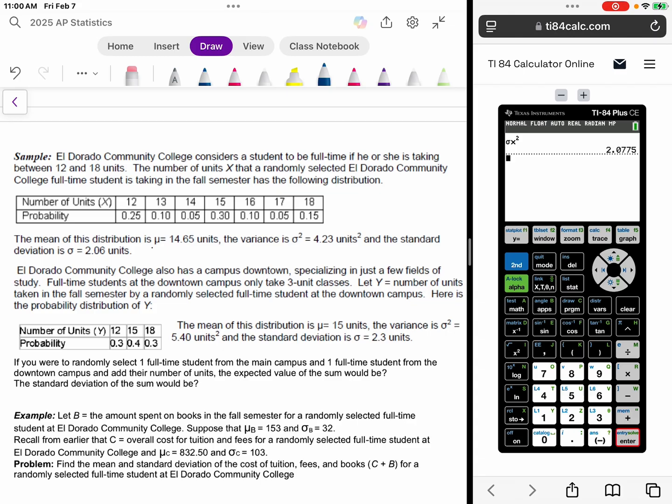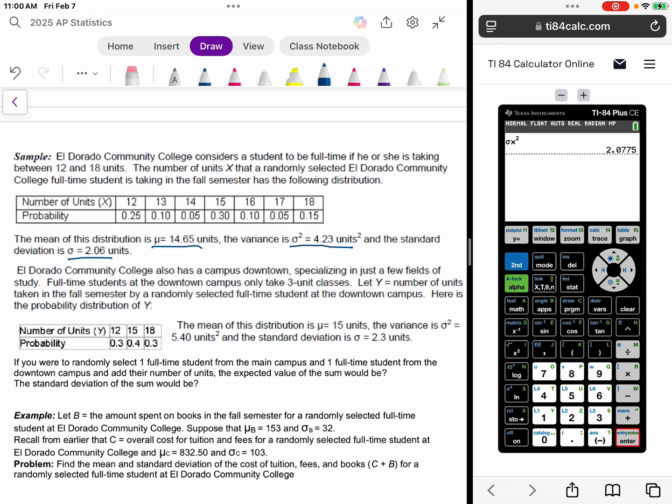The mean is 14.65 credits. The variance, which usually we're not given that often, they gave it to us, is 4.23 units. And they give us the standard deviation of 2.06 units. So they went ahead, original problem, and got us that information.